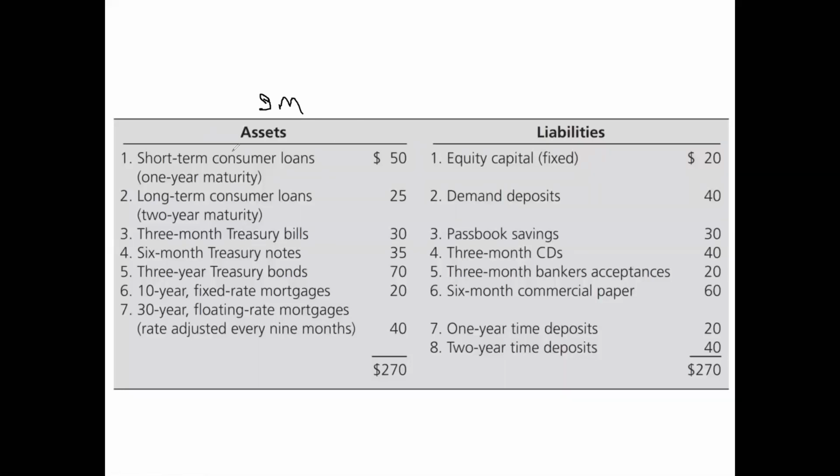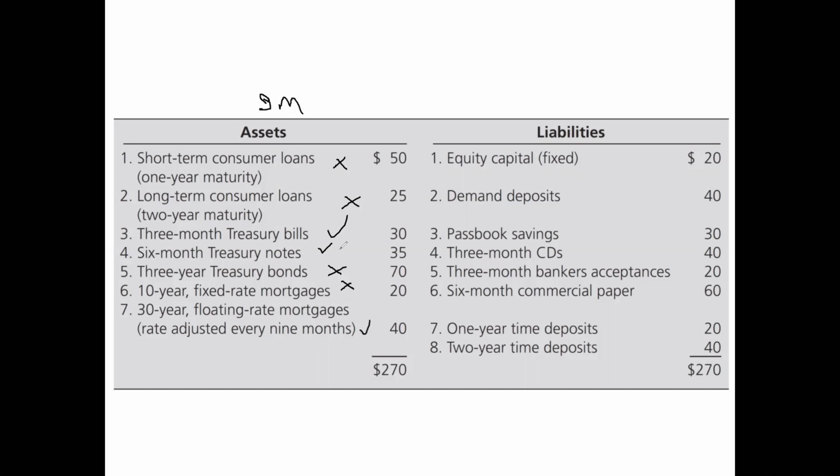First of all, the short-term consumer loans you will not consider, because it's 1 year maturity. Long-term consumer loans you will not consider, it's a 2-year maturity. 3 months T-bills you will consider. 6 months treasury notes you will consider because they are included in this 9 months maturity bracket. 3-year treasury bonds not included. 10-year fixed rate mortgages not included. 30-year floating rate mortgages, which are adjusted every 9 months, just fall within that parameter.